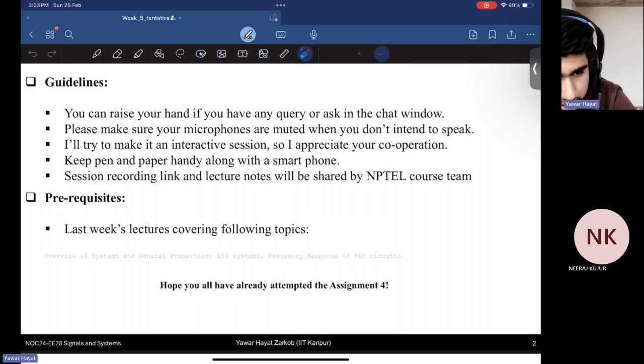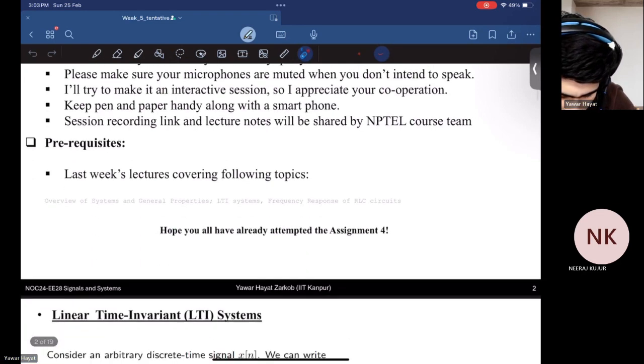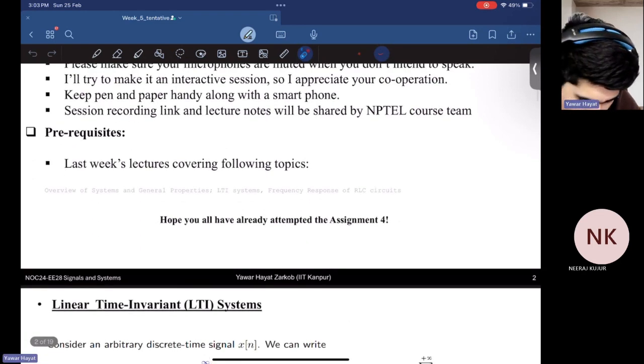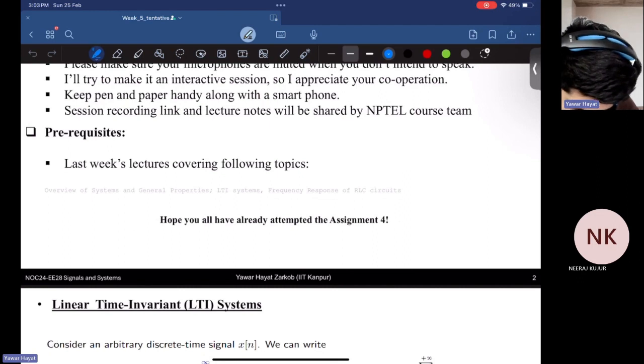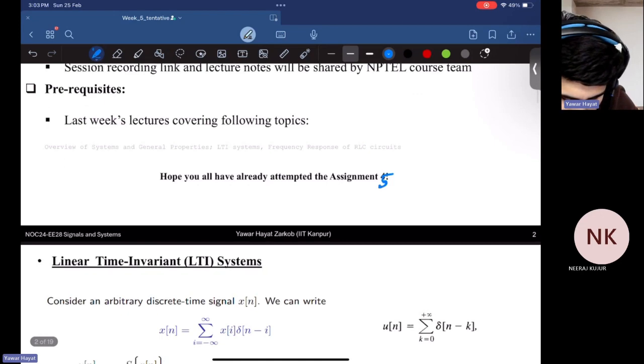So that would be the prerequisite for today's session. And I hope all have attempted assignment 5 before the session.